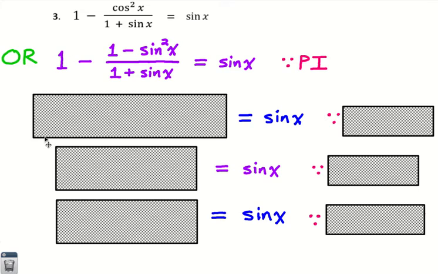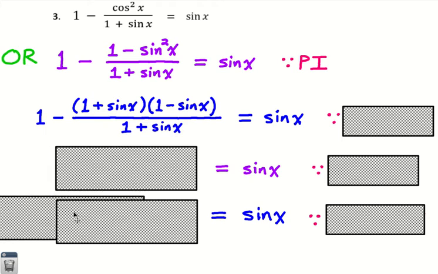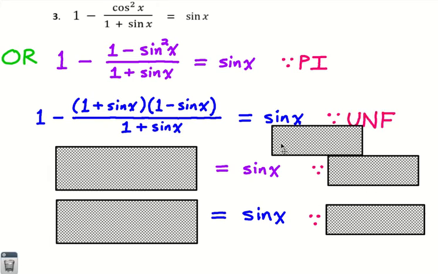Well, I don't know how much I addressed this kind of thing in class, but guess what? 1 minus sine squared can actually be unfoiled. Unfoiling 1 minus sine squared is exactly like unfoiling something like x squared minus 16, or x squared minus 9, or x squared minus 64.